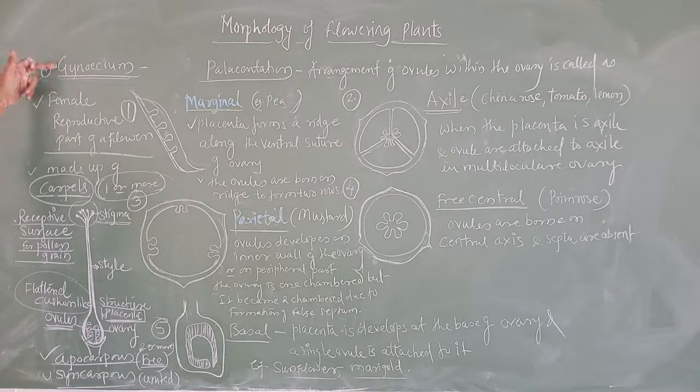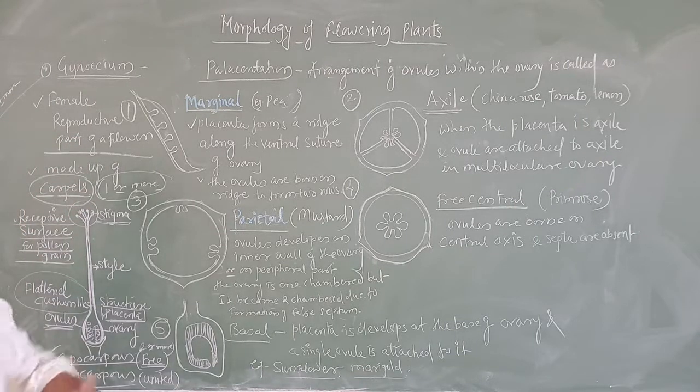Okay, so this is about the gynoecium. Gynoecium, the female reproductive part of a flower. It is made up of carpels, and in some flowers you are going to get one, in some others two or more carpels. The parts of a carpel are ovary, style, stigma. The stigma is the receptive surface for the pollen grains.